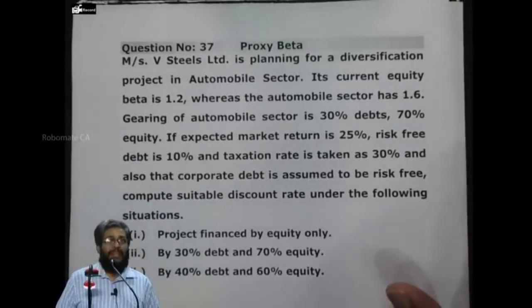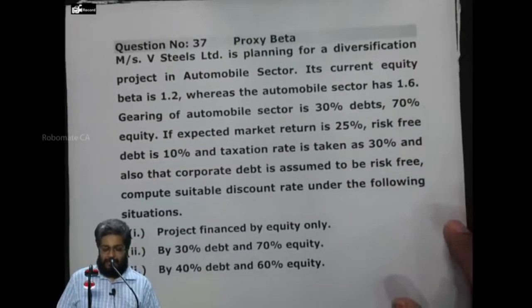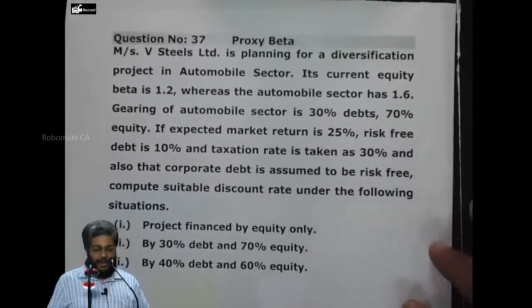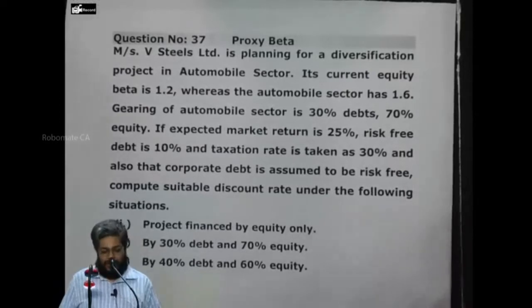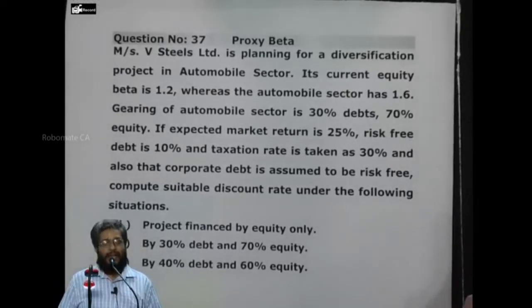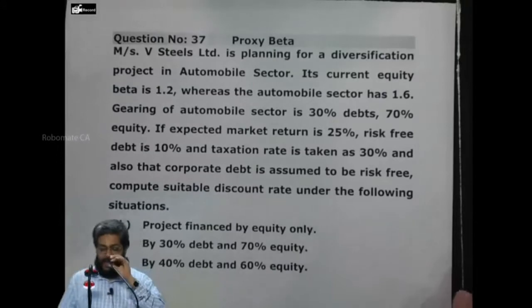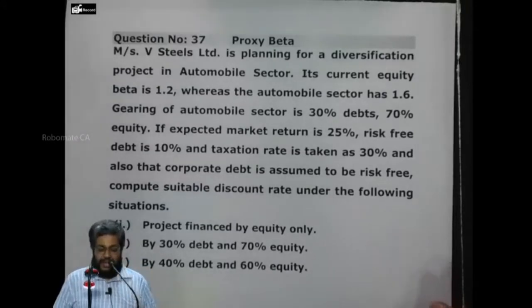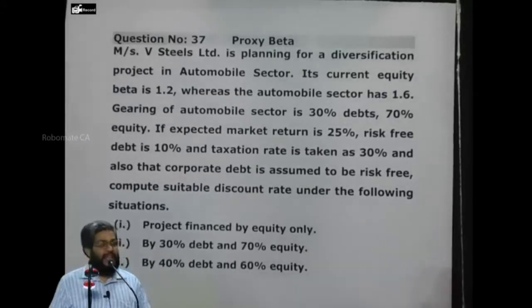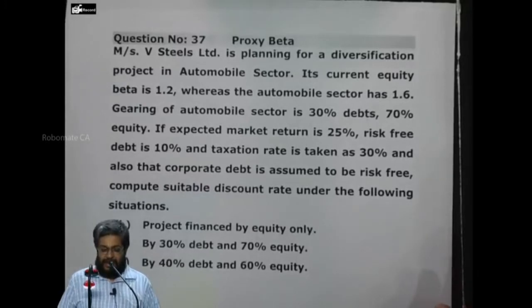Messrs. V Steels Limited is planning a diversification project in the automobile sector. Its current equity beta is 1.2, whereas the automobile sector has 1.6. Gearing of the automobile sector is 30% debt and 70% equity.